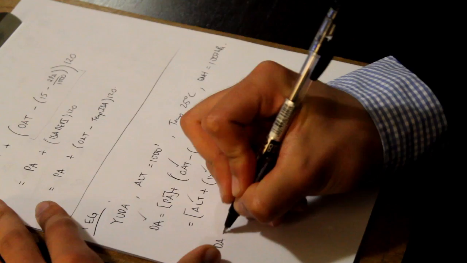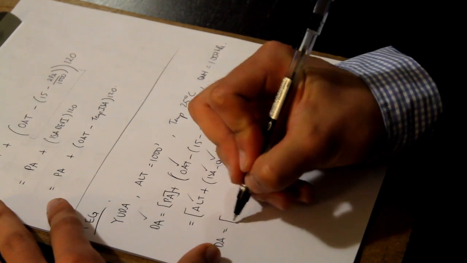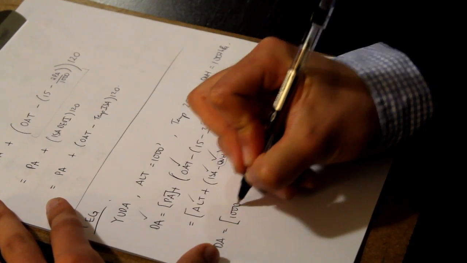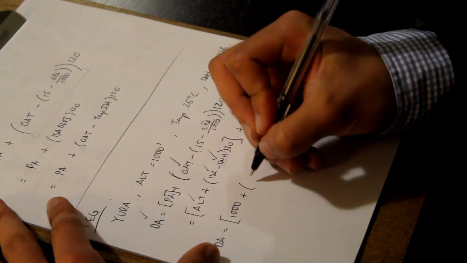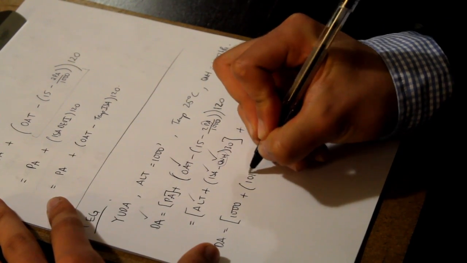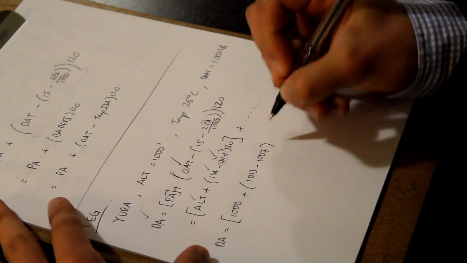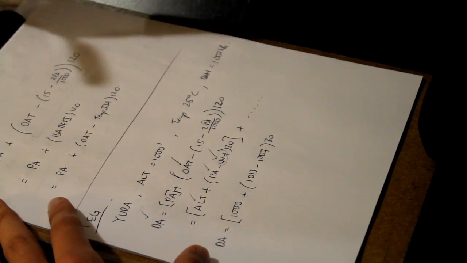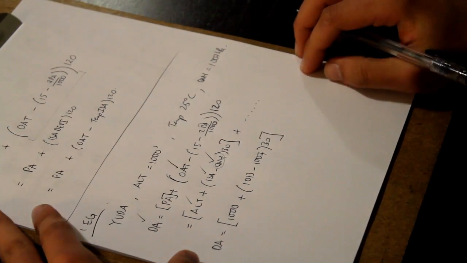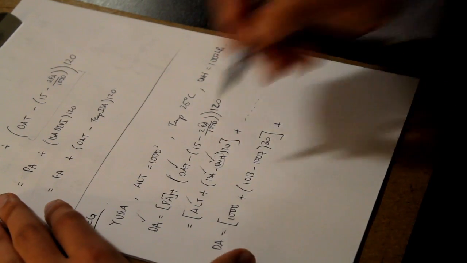So I'll just draw it out. 1000 plus ISA 1013 minus QNH 1007 times 30, and then plus this stuff.